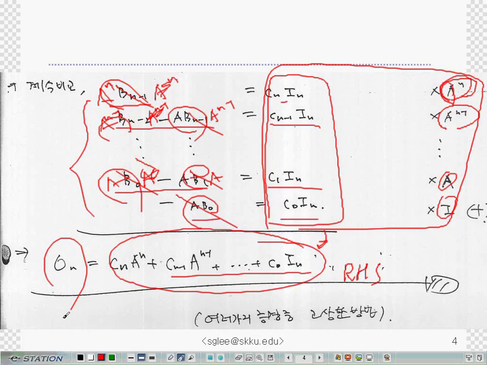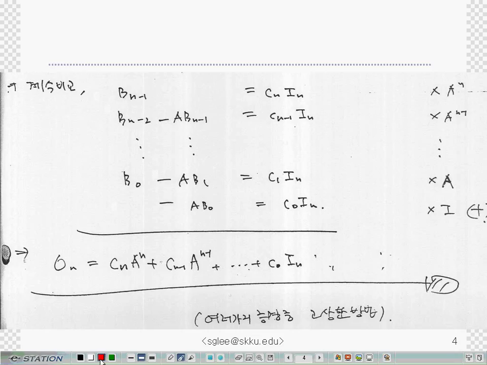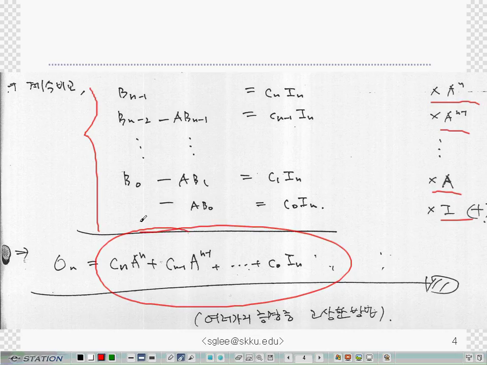Does it make sense? So what we did was we compared the coefficients of these matrix polynomials, and we multiplied the powers of the matrix A with the intention to make the polynomial of the matrix have the same form as the characteristic polynomial.